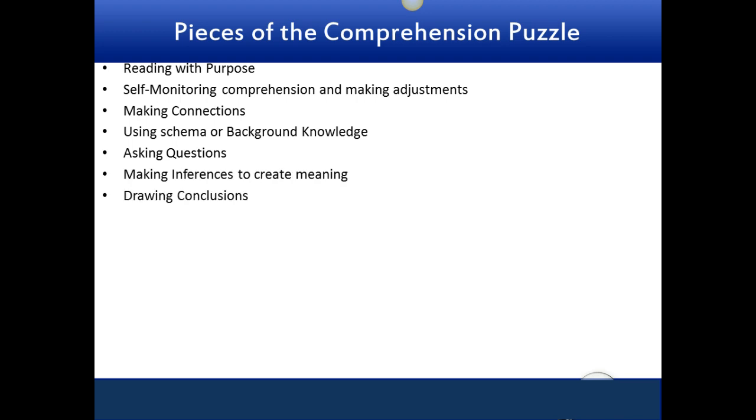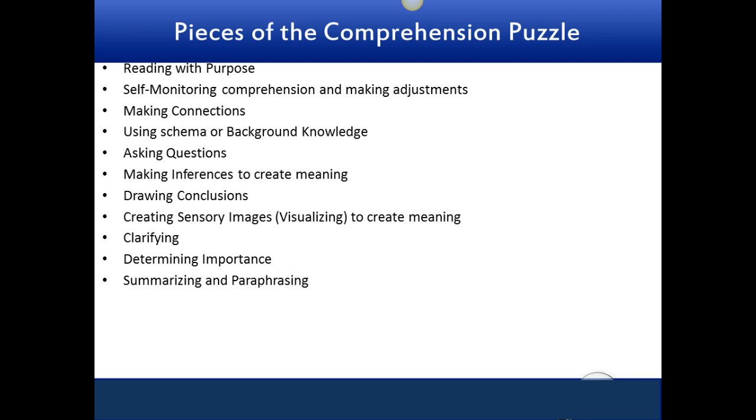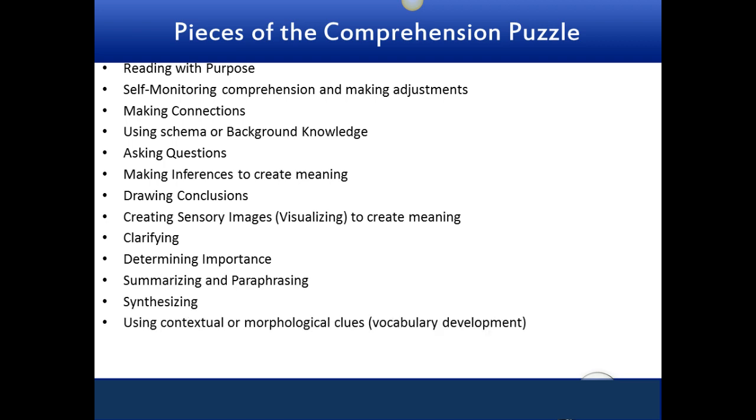The other pieces work simultaneously, and proficient readers use many comprehension strategies at once, and they are reading with a purpose, self-monitoring their own comprehension and making adjustments, making connections, using background knowledge, asking questions, making inferences to create meaning, drawing conclusions, creating sensory images to create meaning or visualizing, clarifying, determining importance, summarizing and paraphrasing, synthesizing, using contextual or morphological clues or word part clues, text structures and story structure, and using fix-up strategies.